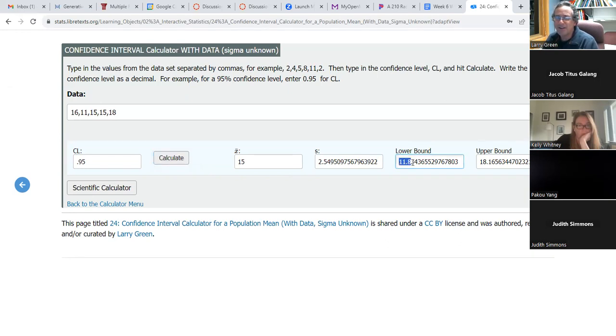So I'm just going to go to 1 decimal place, because honestly, nobody really cares about 2 decimal places of accuracy for the average age of first kiss. Okay. I know for your first kiss, you cared about the day you got kissed because it was wonderful, possibly, right? Hopefully it was wonderful. But in terms of the average age of all college students, 1 decimal place is just fine. So I'm going to go 11.8 to 18.2.